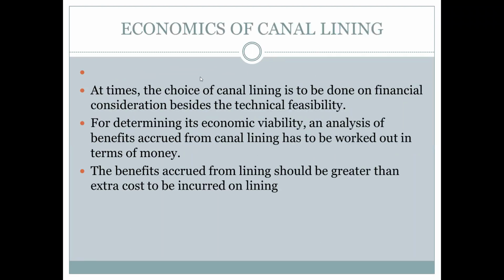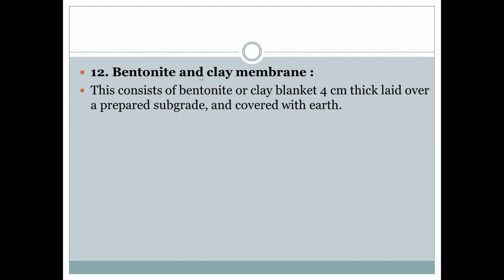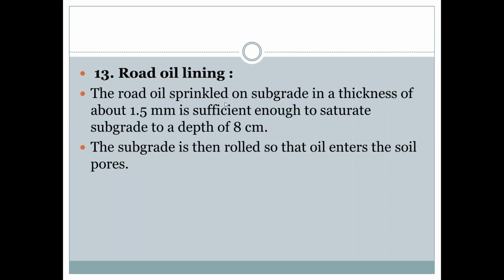And the last one is road oil lining, in which road oil is sprinkled on the prepared subgrade at about 1.5 mm thickness, which is sufficient to saturate the subgrade to a depth of 8 cm.